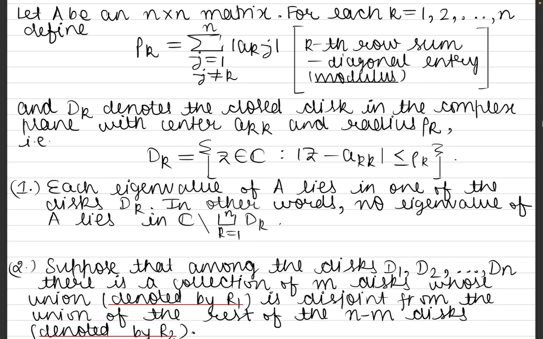So this is a disk centered at a_kk with radius equal to rho k. So the conclusion is: each eigenvalue of A lies in one of the disks.